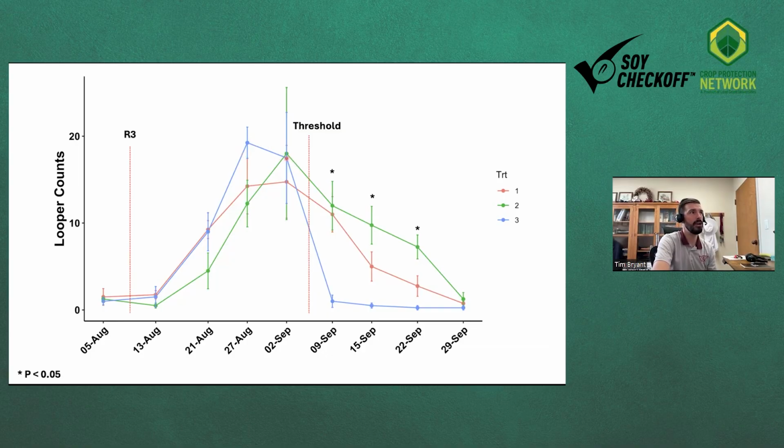But once we hit our defoliation threshold, we went out and sprayed a product called Intrepid Edge, which is much more effective for managing soybean loopers than a pyrethroid would be. And once we made that threshold application, we knocked them out and they stayed low through the end of the season until the whole population kind of crashed here by the end of September.